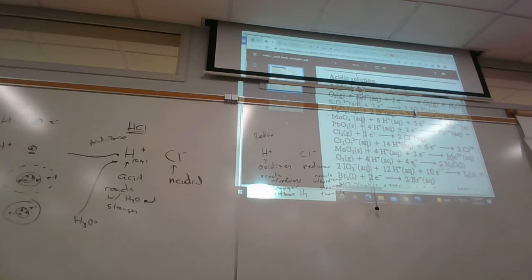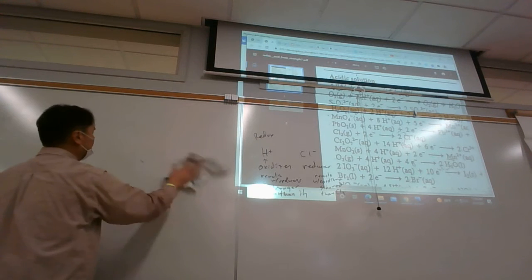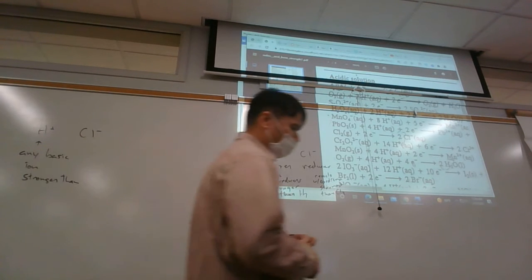This is a moderate oxidizer, weak reducer. Okay, what did you get from metathesis properties? So HCl consists of 2 ions, the H plus ion. What ions does H plus like? H plus likes any basic ion stronger than, at least based on our chart, let's take a look.